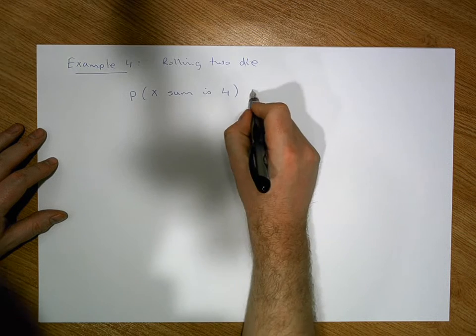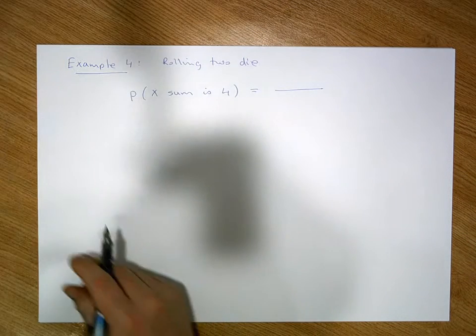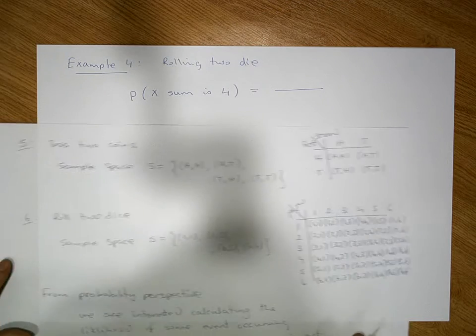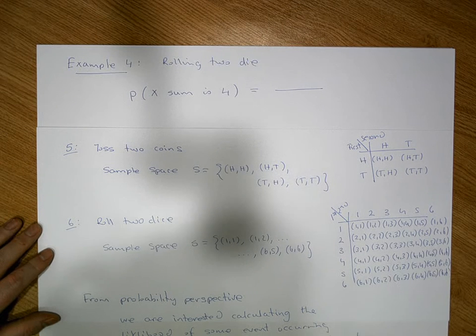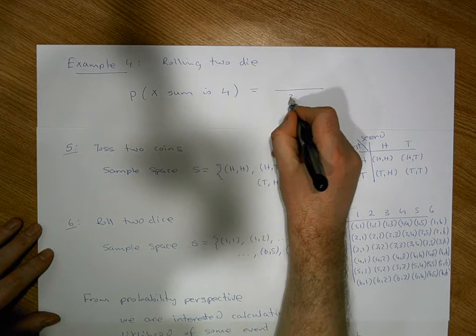Once again, this has to be equal to the number of favorable outcomes divided by the number of possible outcomes. From our sample space perspective, there are 36 possible pairings, so it's relative to 36.